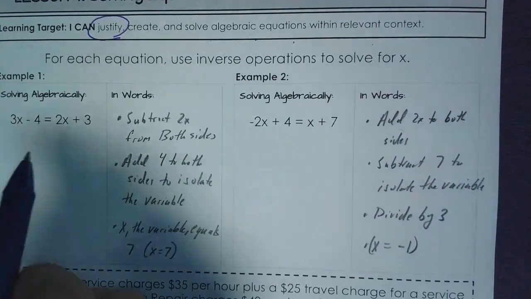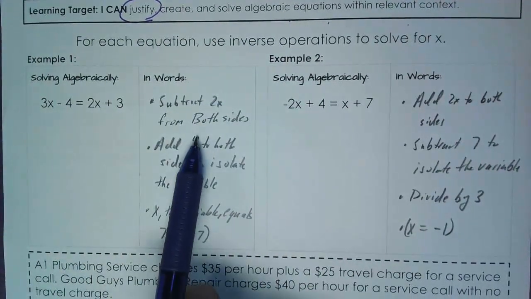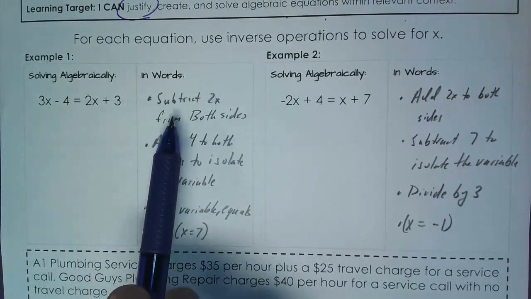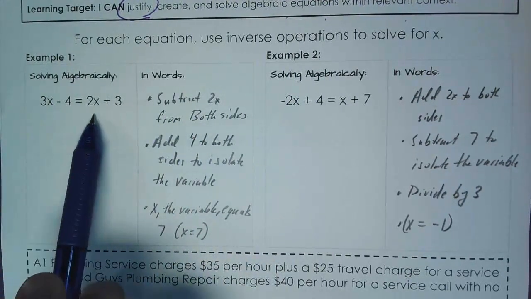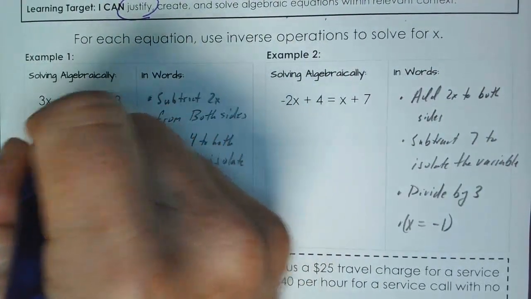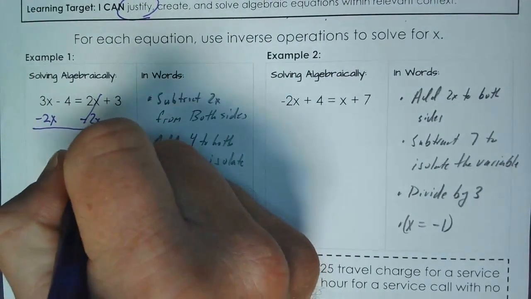So here's our first two examples. Here's a problem. I've already written the steps out. I'm going to go through the problem as I read the steps. So step 1 would be subtract 2x from both sides. So there's a 2x, there's a 3x. I'm going to do what the first step says, and then I'm going to rewrite everything.